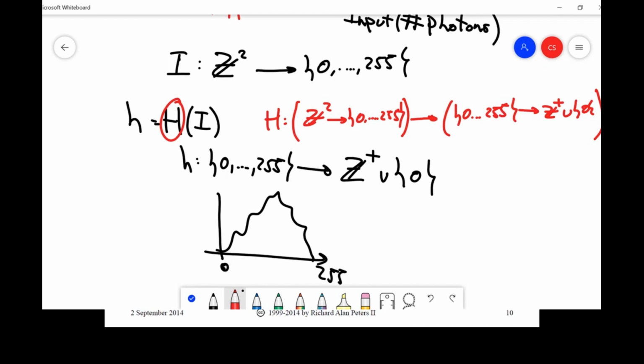So everything here is functions. A signal is a function. Operators are functions that operate on functions. You see?